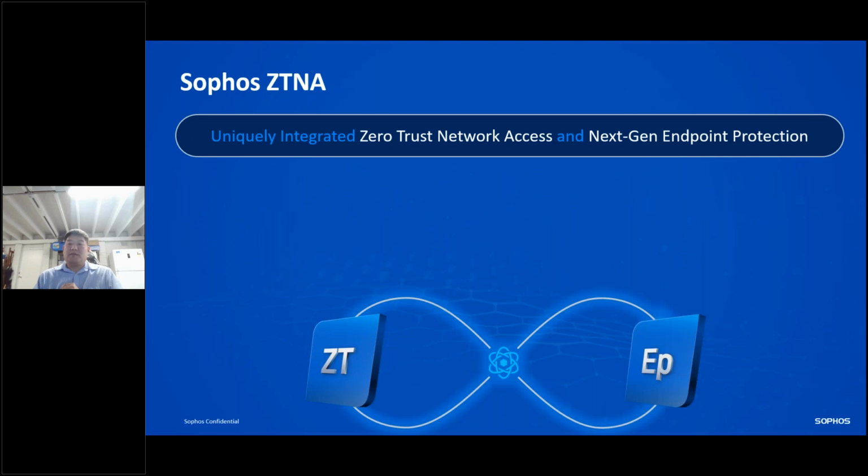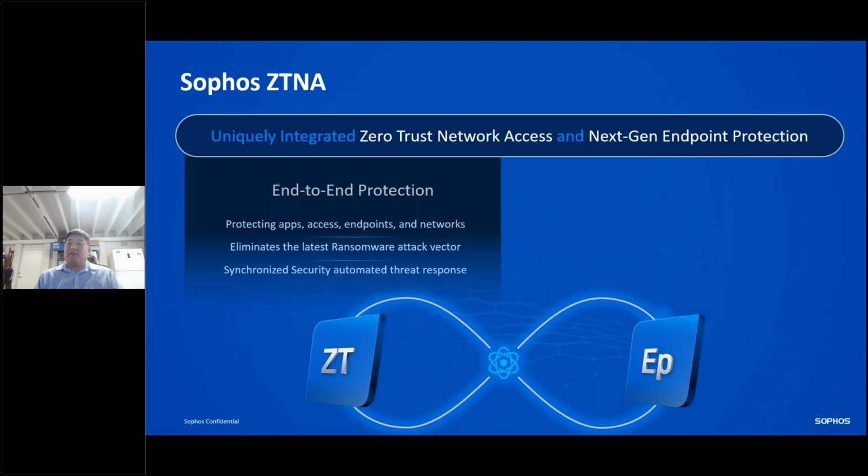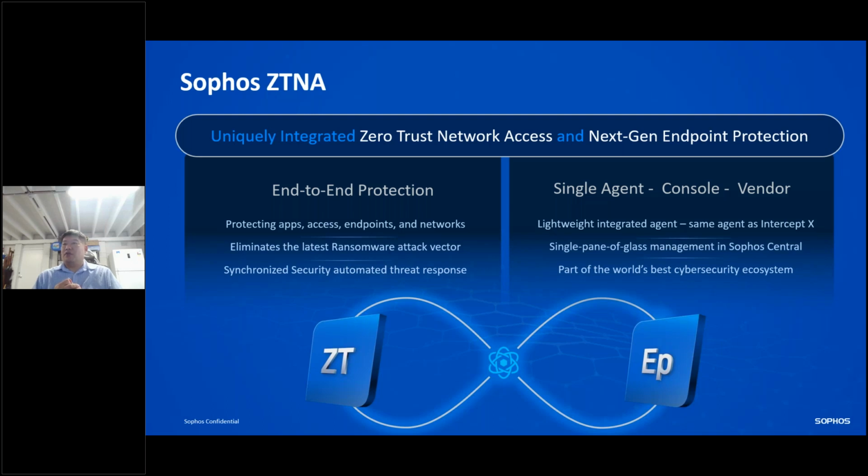The ZTNA solution is uniquely integrated with the next-gen endpoint with InterceptX. It has other important features and benefits such as protecting your endpoints and applications, end-to-end protection, and a single console.